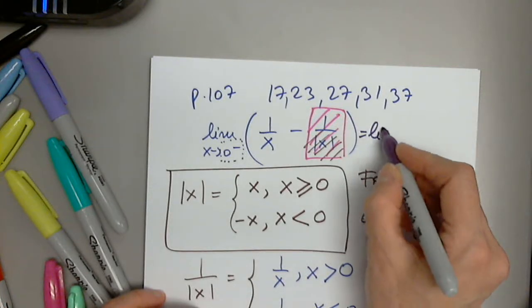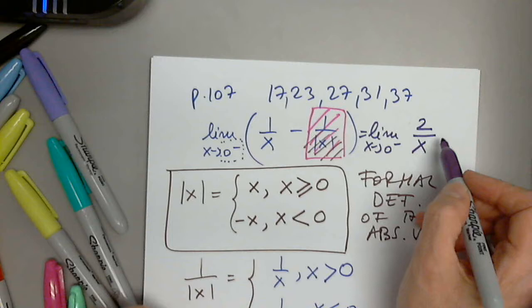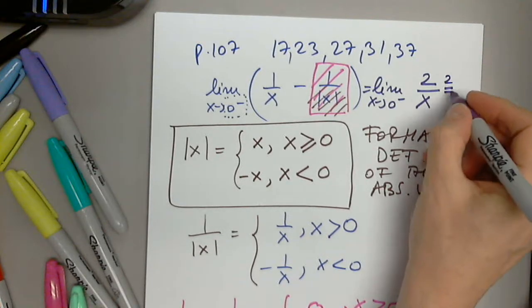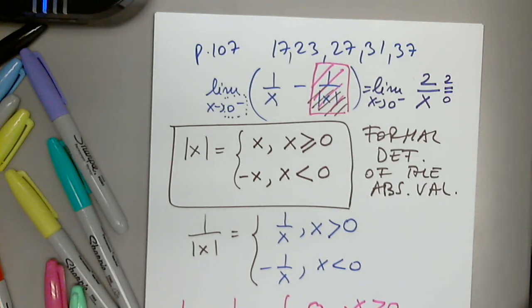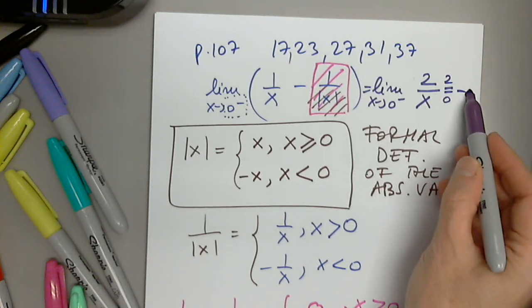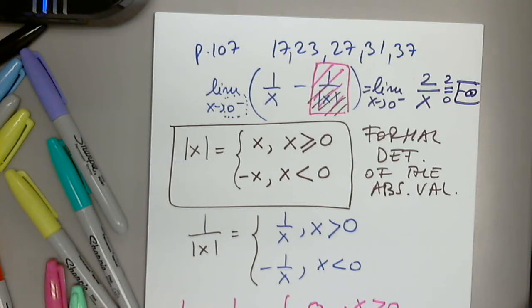So this is the limit as x approaches 0 from the left of 2 over x. Plug it in, what do we get? 2 over 0, I don't like it. So I have to go with 0 from the left, negative 0.1. So the answer would be negative infinity. Awesome. Very good.